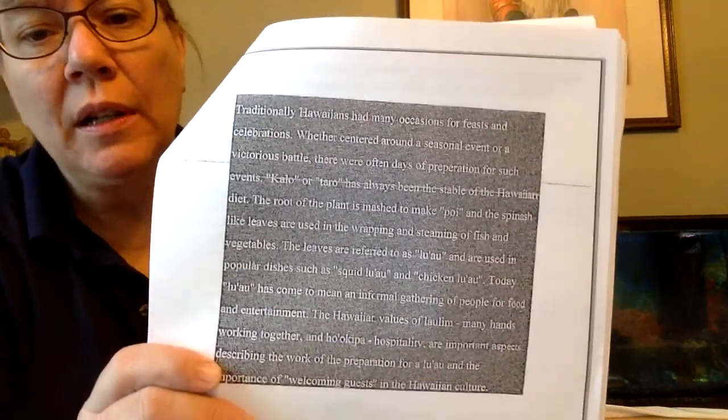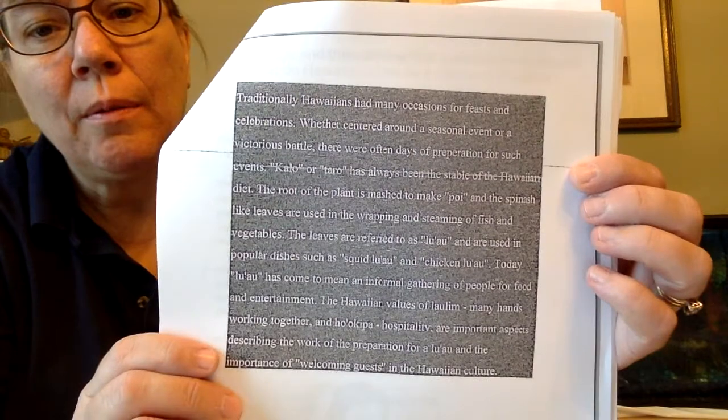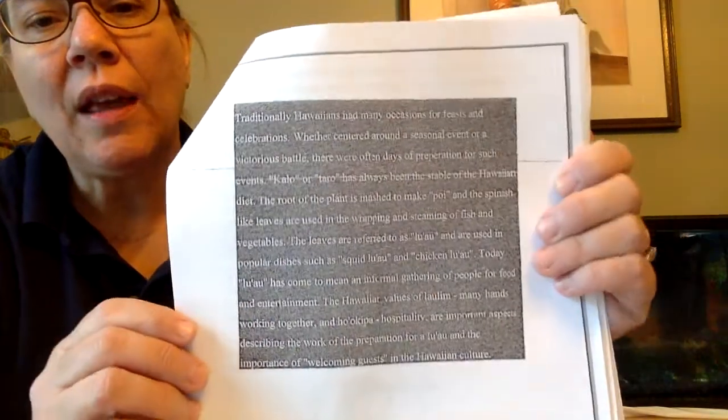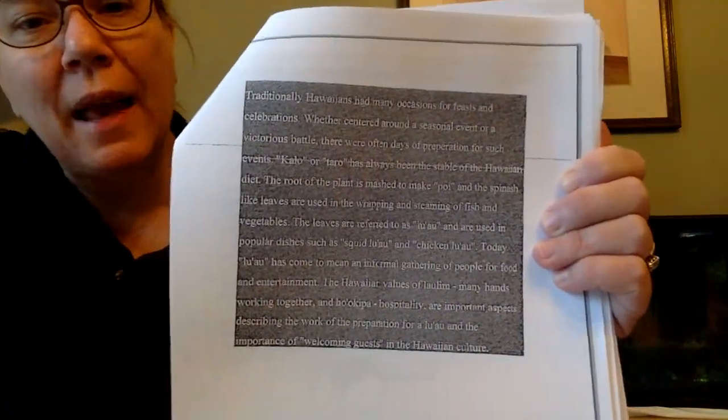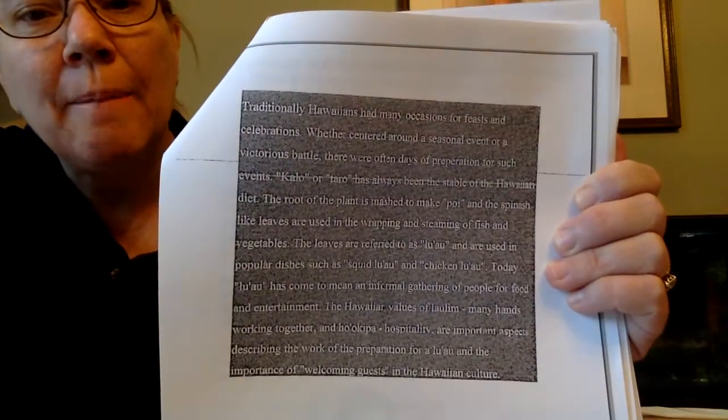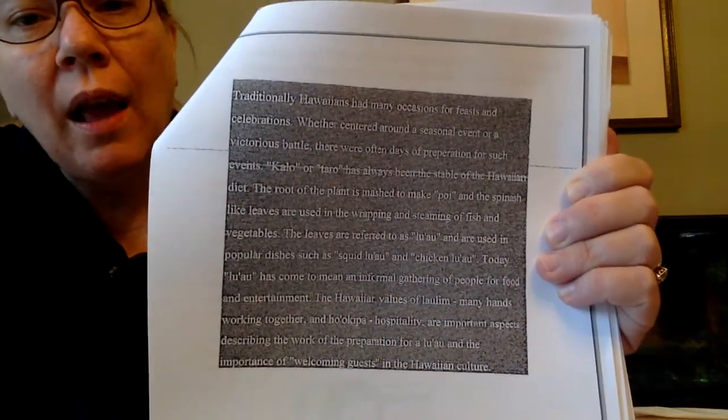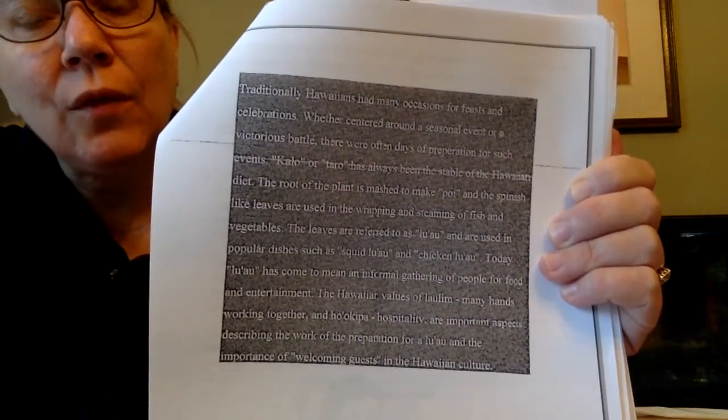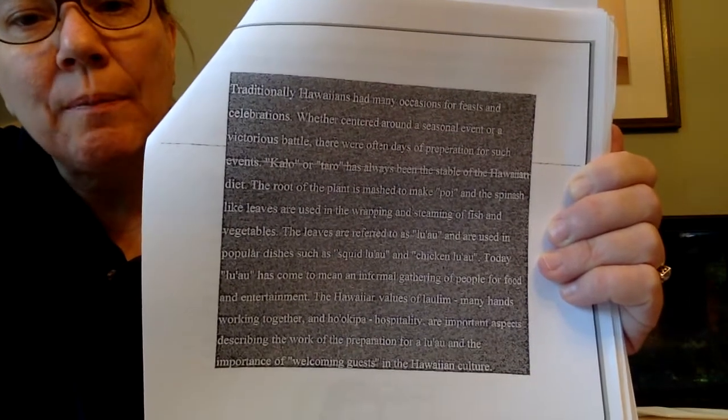We have one more page today. And it's a little bit hard to see if I hold it up. But I'm just going to go ahead. You can follow along with me or sit back and listen to this page. Traditionally, Hawaiians had many occasions for feasts and celebrations.